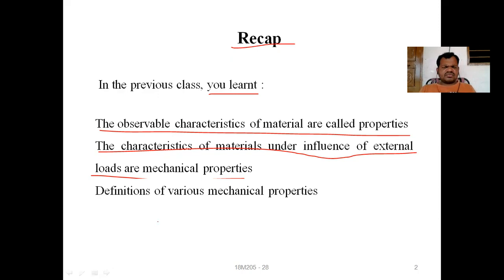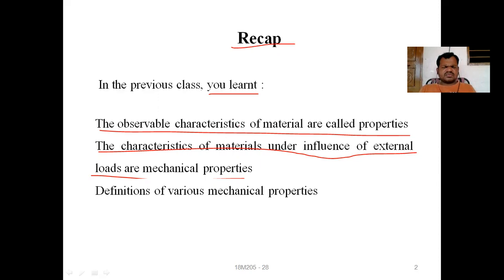We discussed the definitions of various mechanical properties like ductility, malleability, fatigue, stress, strength, toughness, hardness, and creep.